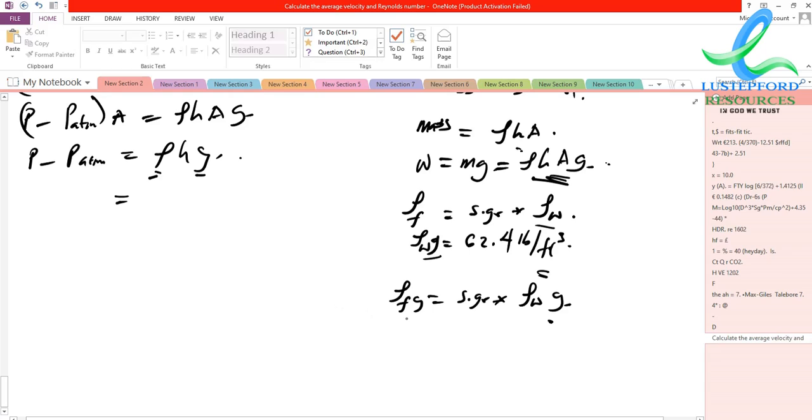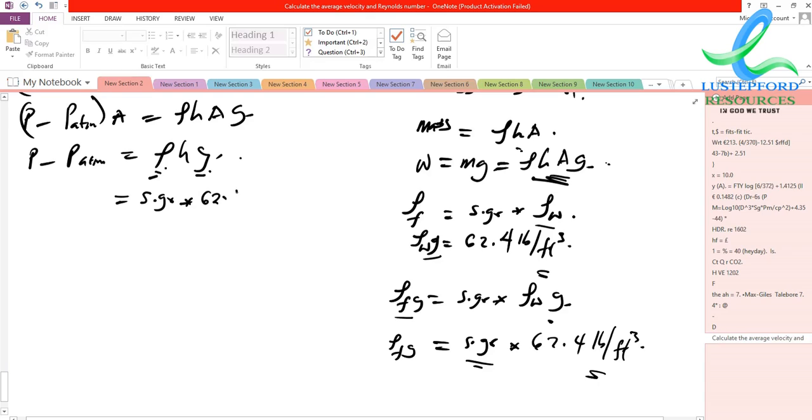So now we have the density of the fluid, which is the specific gravity times 62.4, times H. The H is in feet.